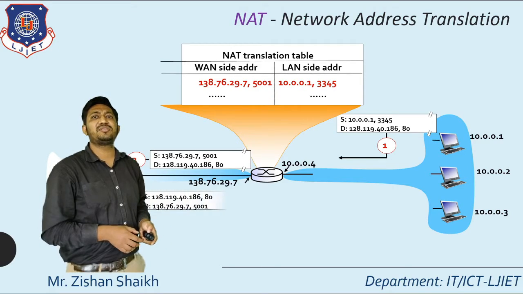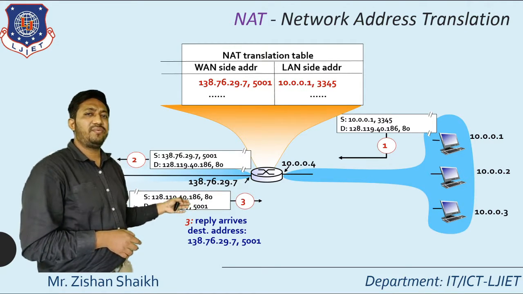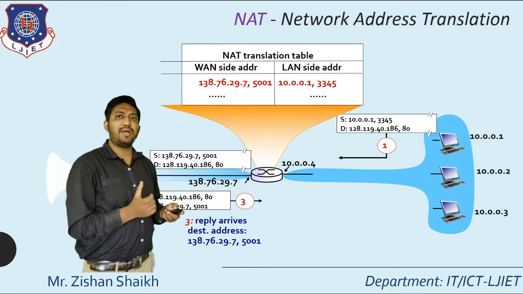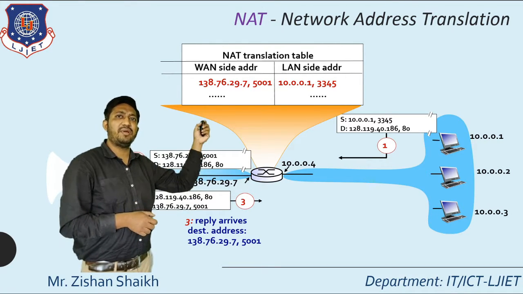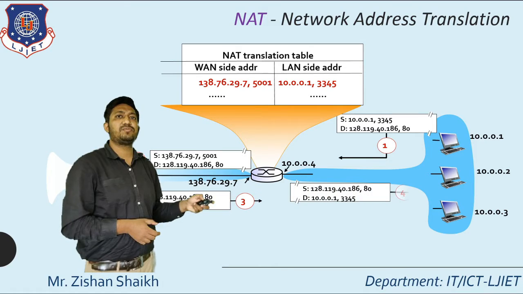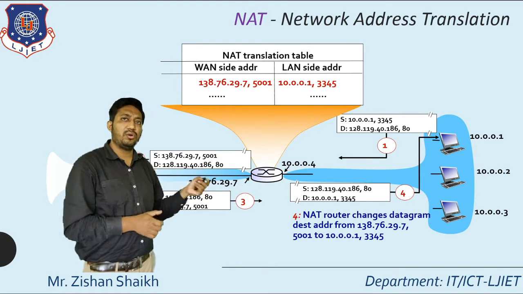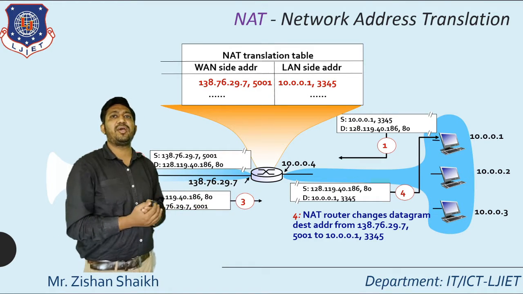Now when the response is generated by the outside world, it arrives at our NAT table. The NAT table will map it, and from this remembrance table it will give the response to the specific IP address assigned to that host. So this is the scenario of how exactly NAT is helpful.